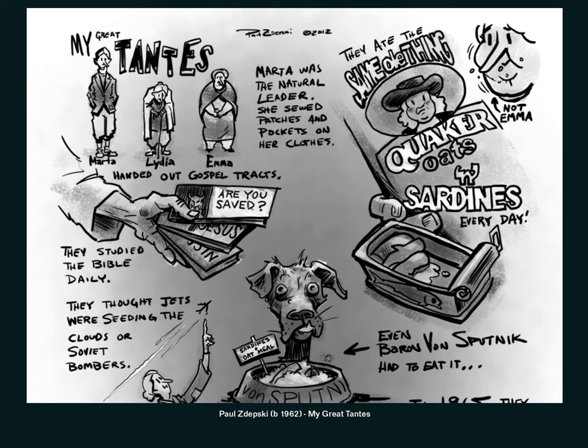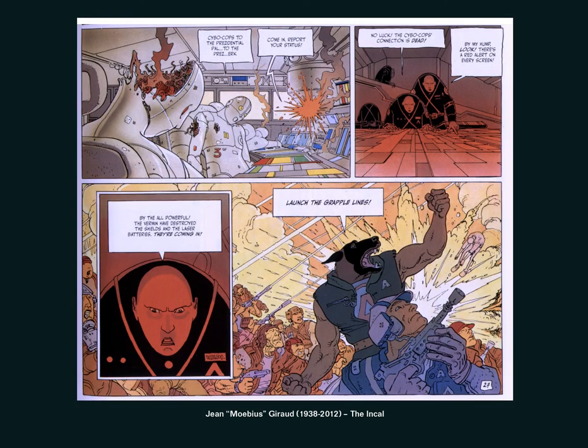And we're only seeing half of this illustration. It's a full newspaper page. However, you get the gist of what I'm doing here. This is in stark contrast to styles such as Jean Giraud, who was known as Mobius, the illustrator Mobius, and this is his work for the Black Incal. And the Incal, as you notice, is within rectangles, and the sequence is such that it is top left, reading to the right, and then return hard to the left and read to the right again for these four panels.